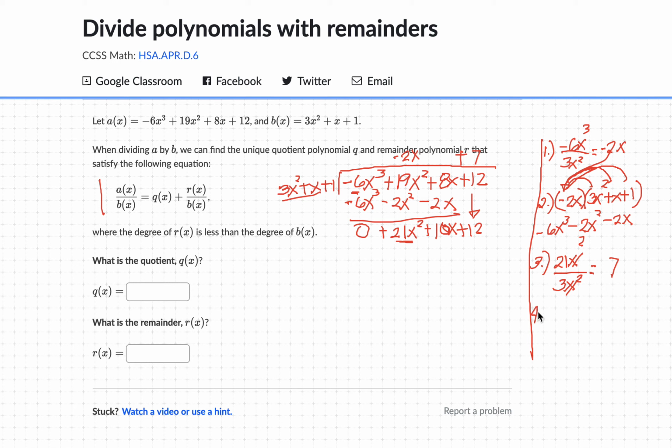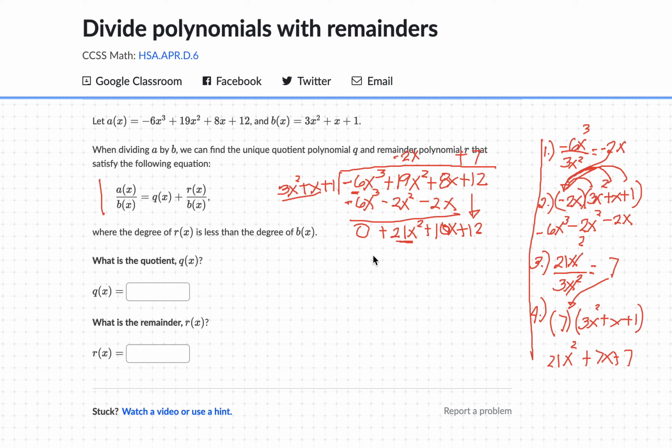For step number 4, we're going to use that 7 that we just had and multiply it again to our divisor. So that's 3x squared plus x plus 1. So that's going to give us 7 times 3x squared, which is 21x squared plus 7x plus 7.